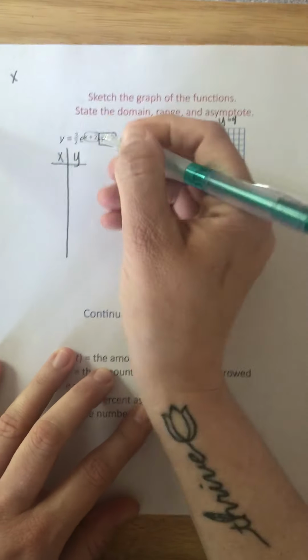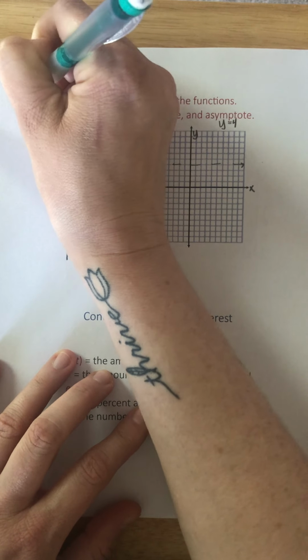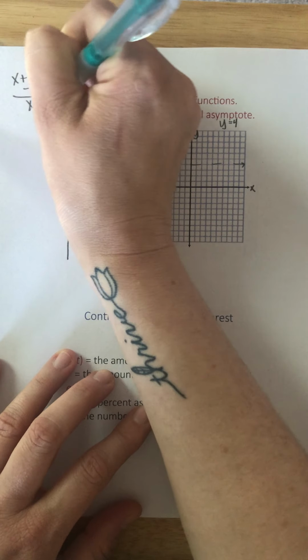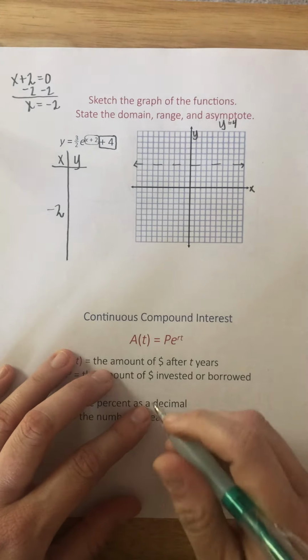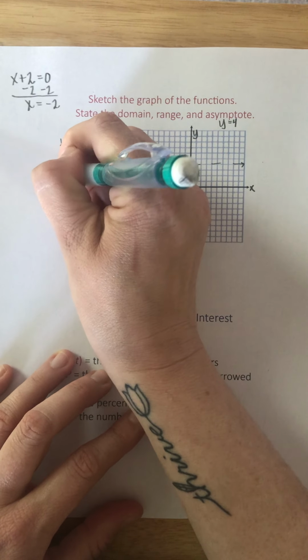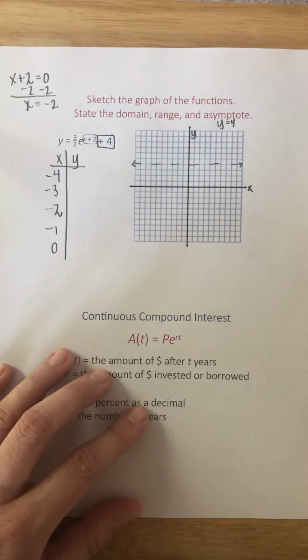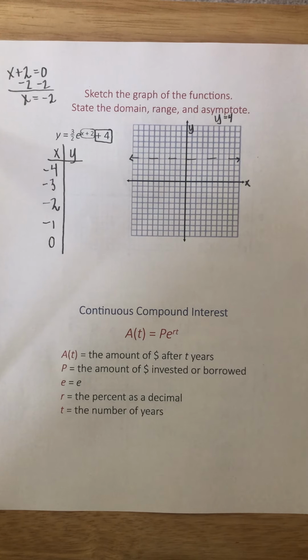I'm going to take x plus 2, set it equal to 0, subtract 2 from each side, and I'm going to get a -2. That is going to be my middle number. So now I need a couple of numbers smaller than -2, and then I want a couple of numbers that are bigger than -2.